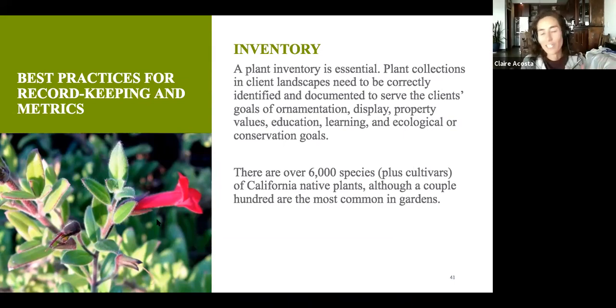It's nice for education, and some people like to have that look that looks more like a botanical garden, and for everybody's learning. But also, because there are so many different species, there's over 6,000 different cultivars of native plants, knowing what works, what the winners and losers are for each space, is really helpful.